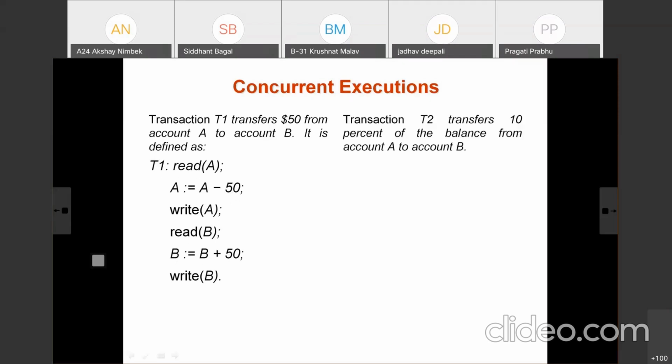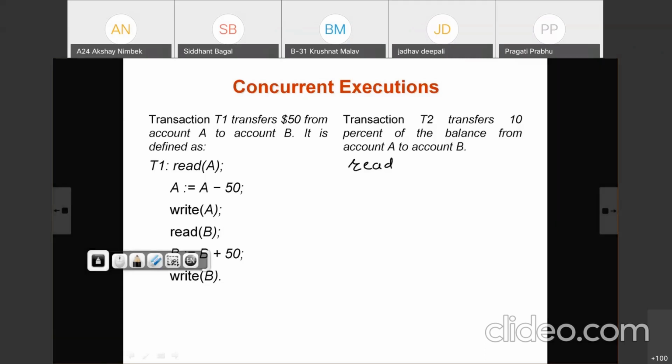Now the first instruction is read A. Next, what do we need here? We need to calculate 10% of account A, the 10% balance of account A. So here we use a temporary variable.